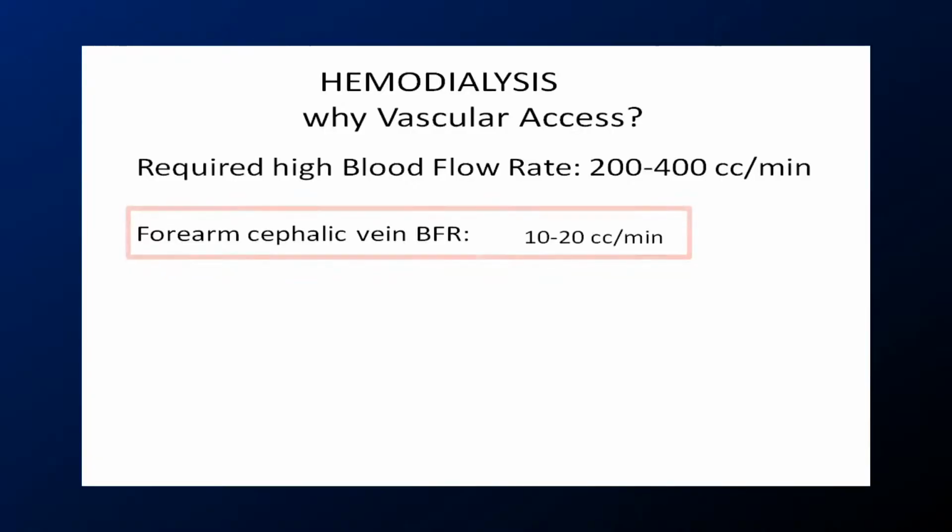Why vascular access? Very simply, because we have to pump a lot of blood out of the patient to clean the patient for over 4 hours, 3 times a week. And a normal vein cannot provide that kind of flow, much less than what we need.